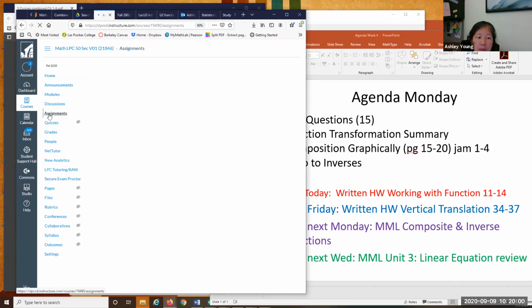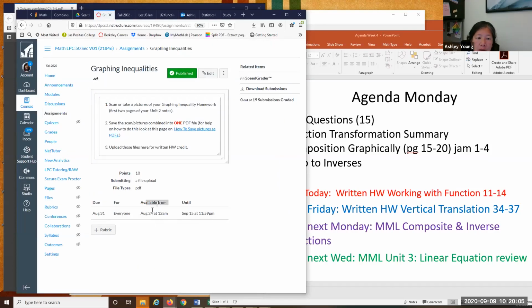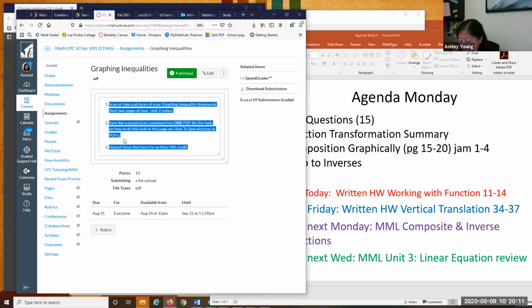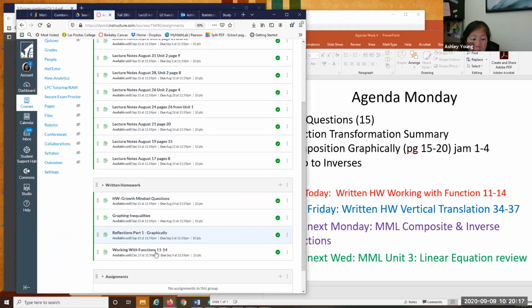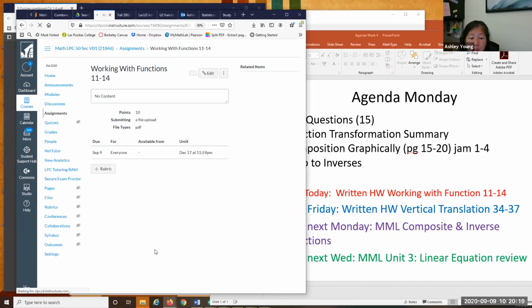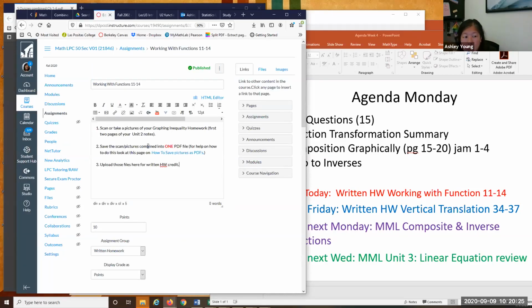But let's see if I can find the notes. So you need to scan those pages. Scan pages 1 through 14 in Unit 2 as one PDF file.